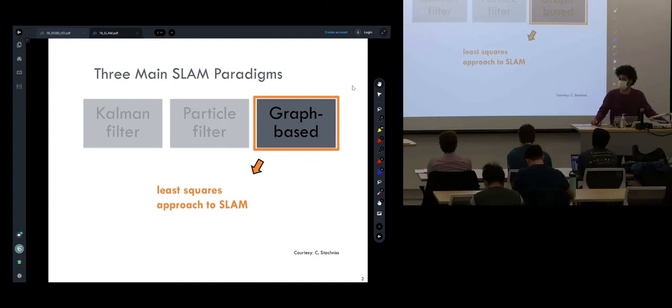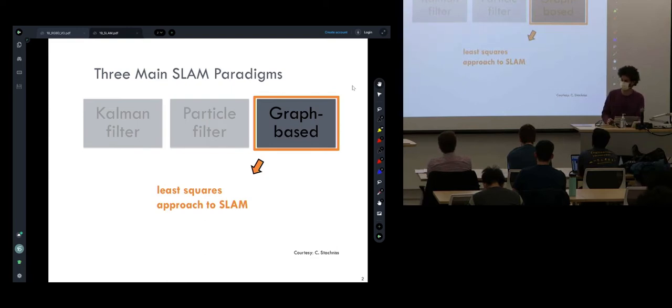Even though it's larger scale, we keep a lot of data history as the robot navigates through the environment, but the problem ends up being a sparse linear system that we wish to solve. It was counterintuitive that if you get rid of the history, it makes the problem harder to solve. If you keep the history, although you're dealing with more data, it makes it easier to solve because we enjoy the sparse structure of SLAM.